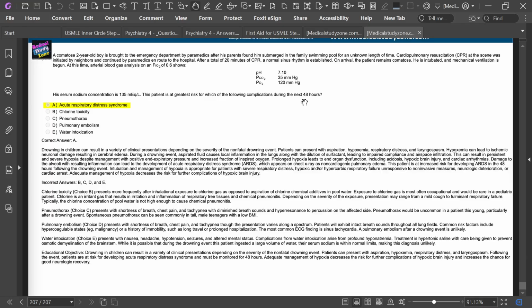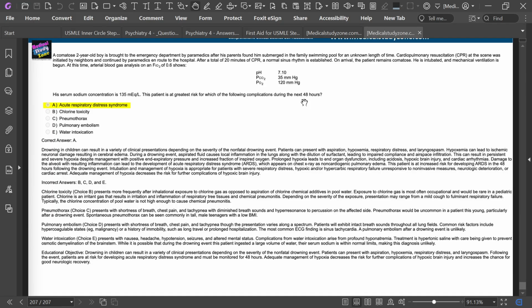Intubation and management of hypoxia is appropriate for patients with severe respiratory distress, hypoxic and hypercarbic respiratory failure unresponsive to non-invasive measures, neurologic deterioration, or cardiac arrest. Adequate management of hypoxia decreases the risk of further complications of hypoxic brain injury.